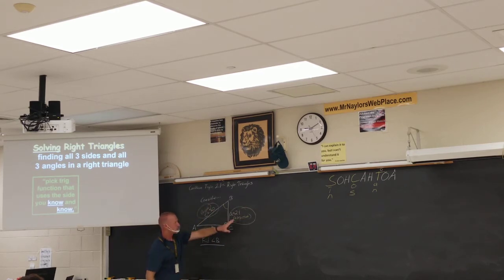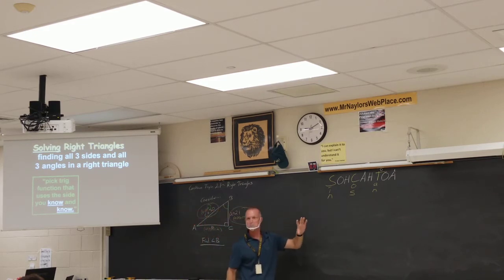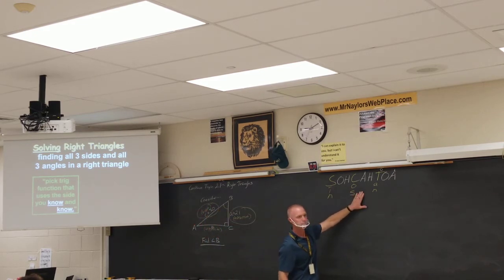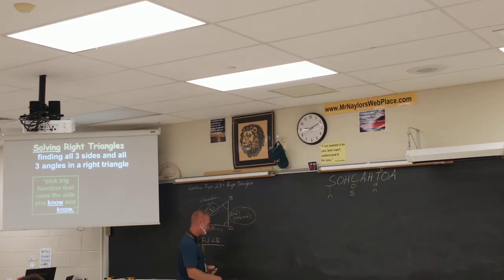You want to pick a trig function that uses adjacent and hypotenuse. Cosine. So we're going to use cosine because that uses what we know and know. It uses adjacent, which is 21, over the hypotenuse, which is 30.